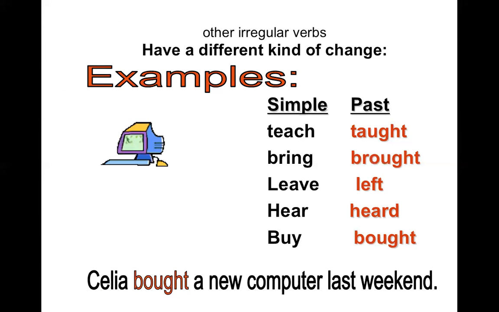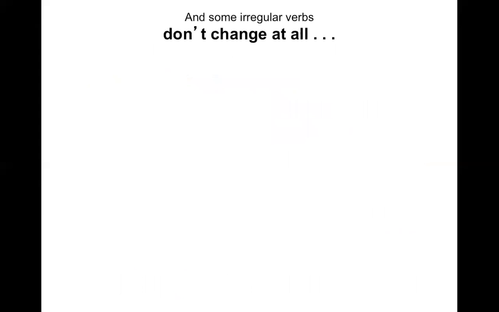So how can we use the past verbs? You have to learn them. You have to repeat and repeat, write and write, and you have to memorize them. That is the way. I don't know of any specific rule for this. And some irregular verbs don't change at all.